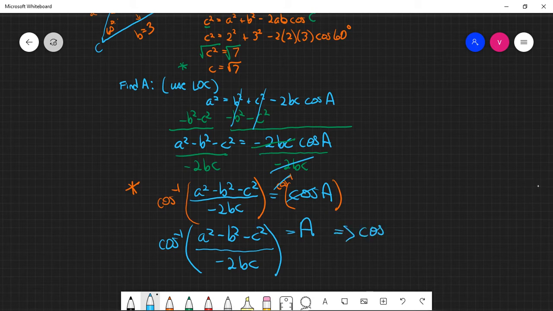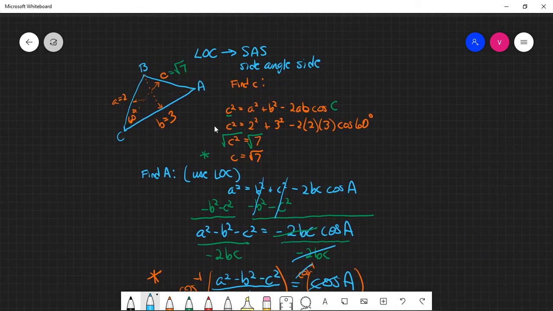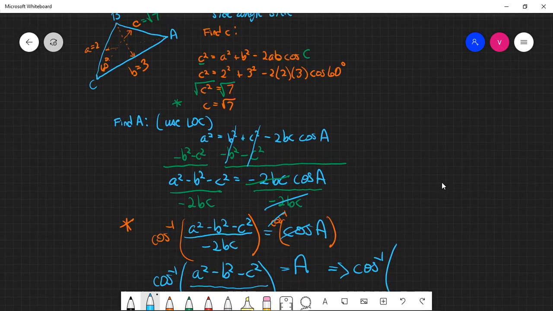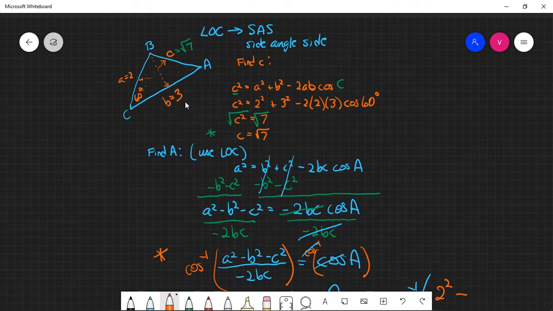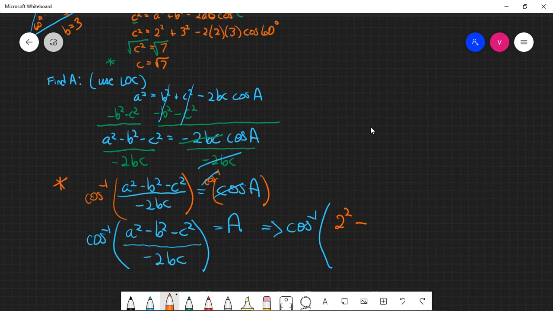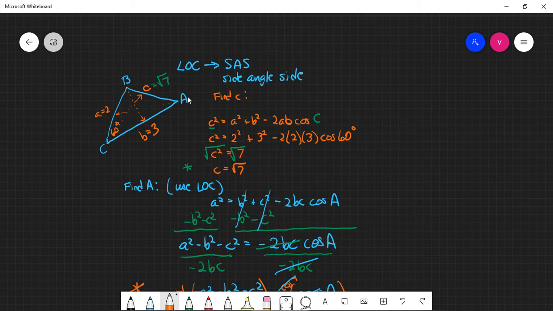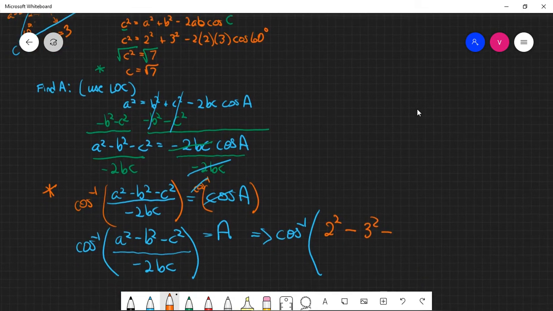So let's plug in some numbers. I'm going to do it over here so you can see it. Cosine inverse of what is the A? Okay, let's look up there again. A is equal to 2, side A. So it's going to be 2 squared minus B squared. What's B? 3. 3 squared minus C squared, which is, what is C?